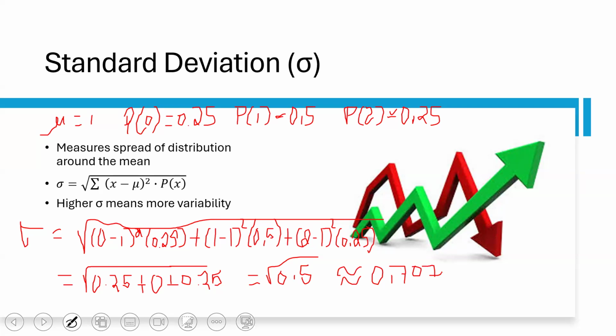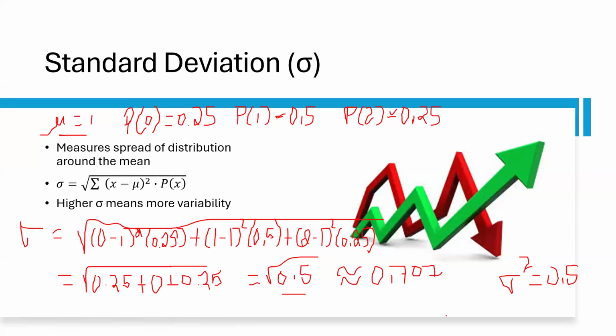Okay, so we found the mean was 1. The variance is what we get before we take the square root. So that's right here. So our variance, sigma squared, is 0.5. And the standard deviation, sigma, is 0.707.